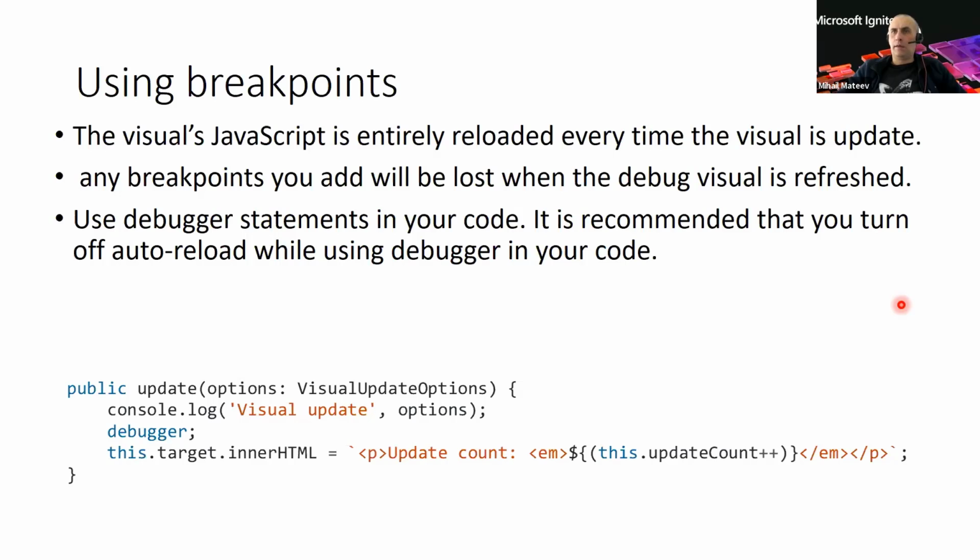So if you use the debugger statement in your code, actually you will be able in this way to have some debugging, but you will be not able in any case to use simple breakpoints. And you will be able also to have old-fashioned way of printing of your information.